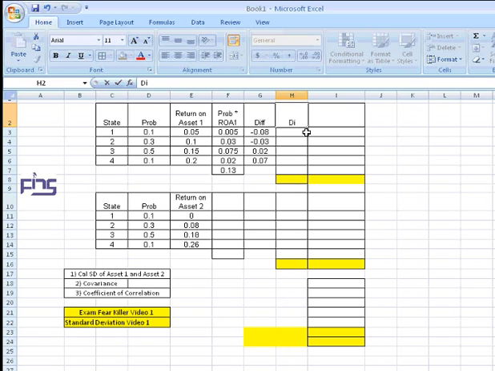Because we have negatives, we will remove them by squaring. That would be in this fashion, so I have just squared it. Last is probability into difference square.